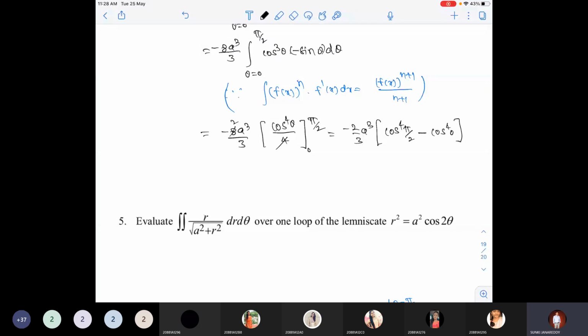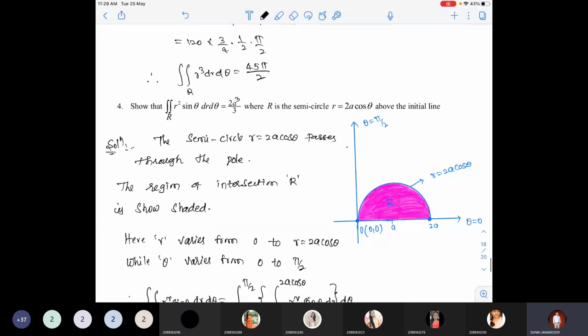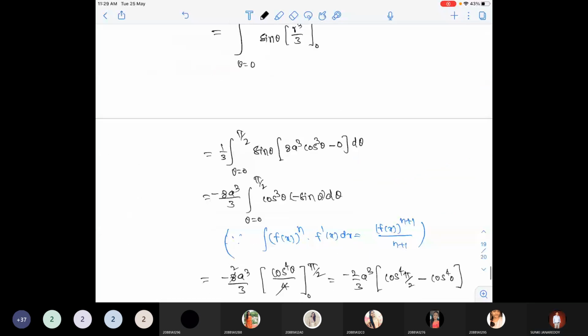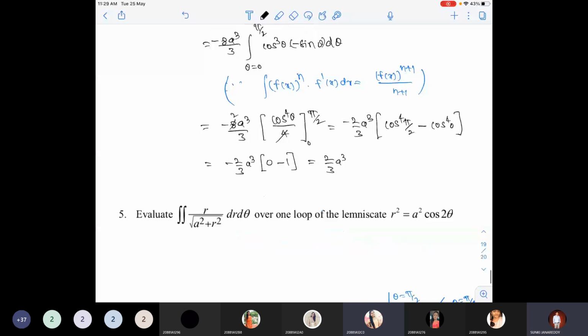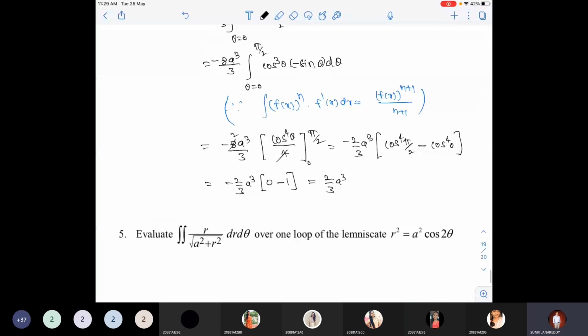What is the cos pi by 2 value? 0, minus 1. Then at last what is the value? 2 by 3 a cube. At last we got that one. We should prove that one only, right? Yes or no? I think all of you understood.